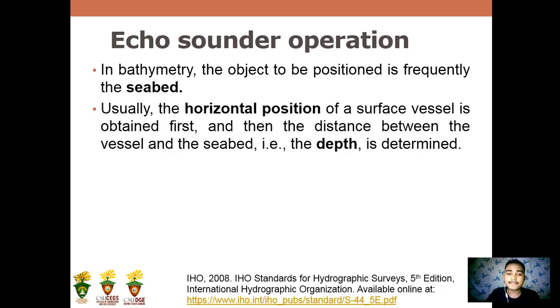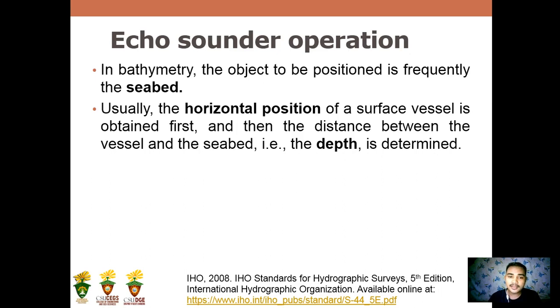As you can see, if some of you have seen a bathymetric survey using an echo sounder, there is a GNSS receiver attached to a vessel or a boat, so that the horizontal position of your vessel is known. And then the distance between the vessel and the seabed, for example the depth, is determined.